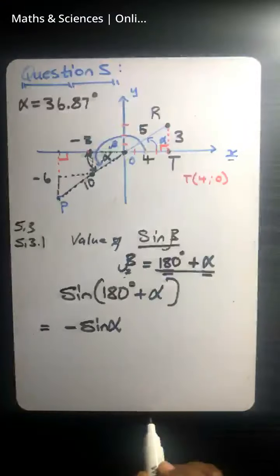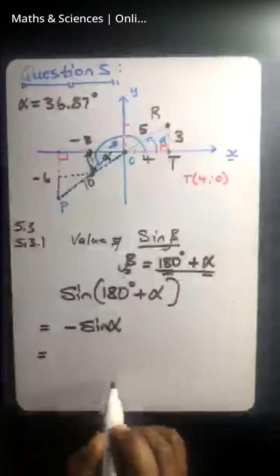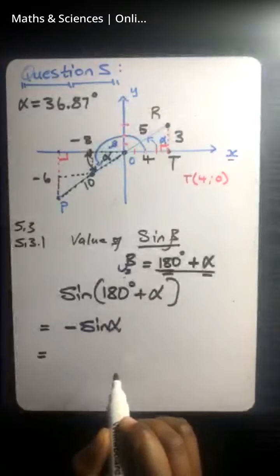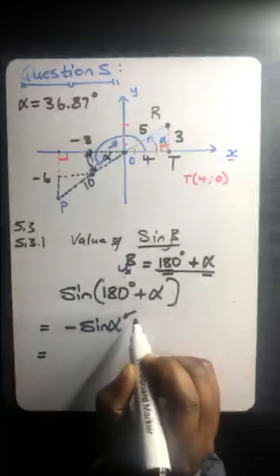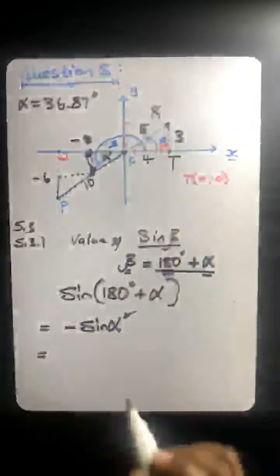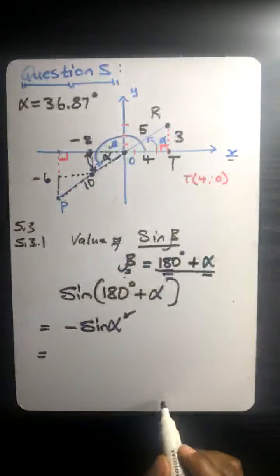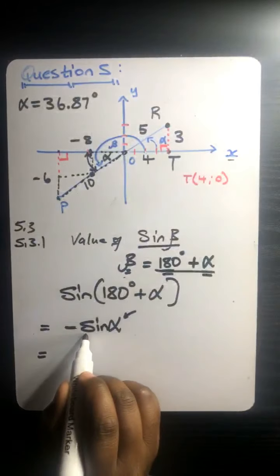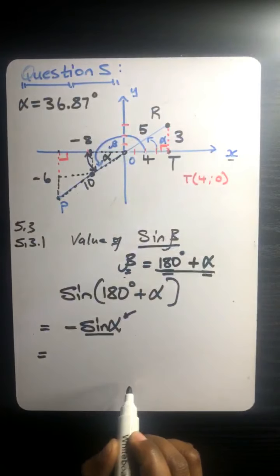Yes. Yes, sir. Okay, so now because we are still dealing with angle alpha, it means we can refer to that right angle triangle over there. So what is the trig ratio for sine?